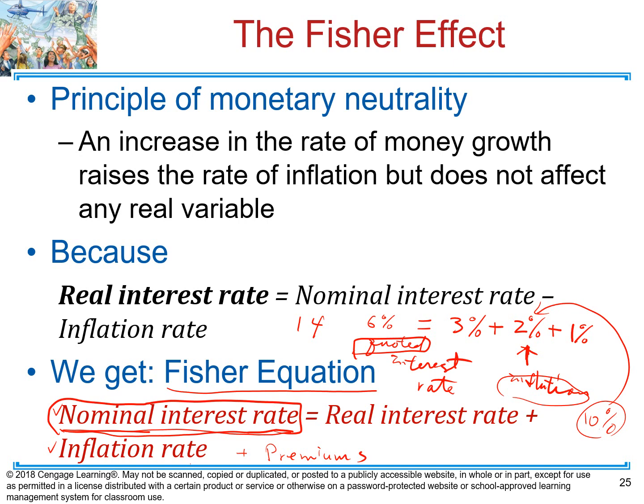Right. And that is called the quoted interest rate, and in your textbook, it is called the nominal interest rate. But at that time, the real interest rate does not change. It does not change.